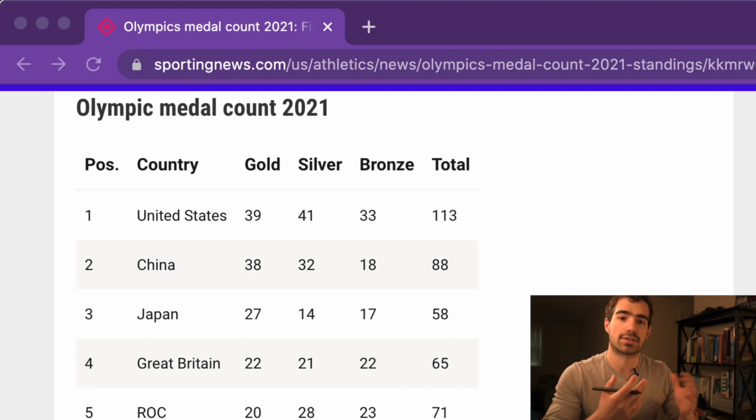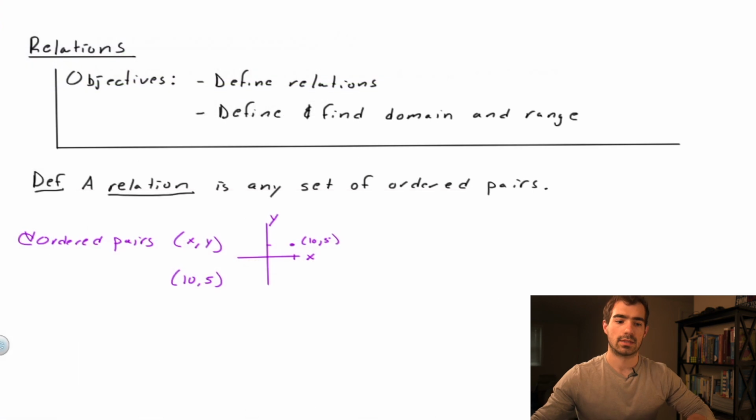And we can form a relation where the first component of the ordered pair is just the country's name, and the second component is the number of medals.